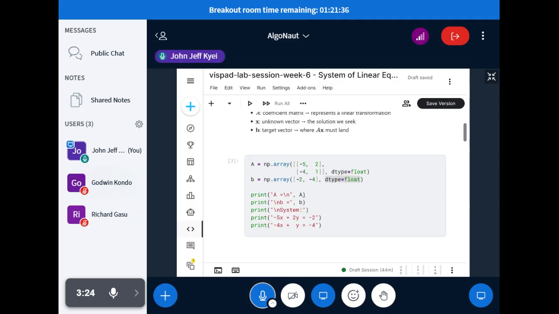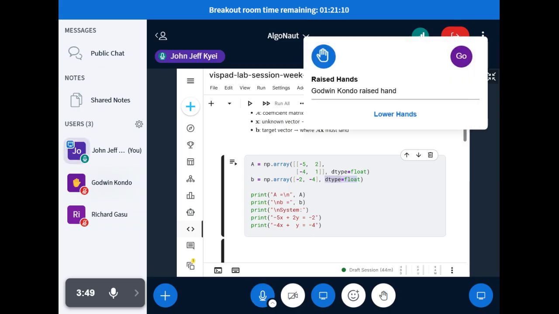First, we define our matrix A, representing it in matrix form. This is a 2 by 2 matrix, and we specify the data type to be floats, which you can also do without. In case you have matrix values that are decimals, it's good to specify the data type. If you have integers, it's going to work either way.